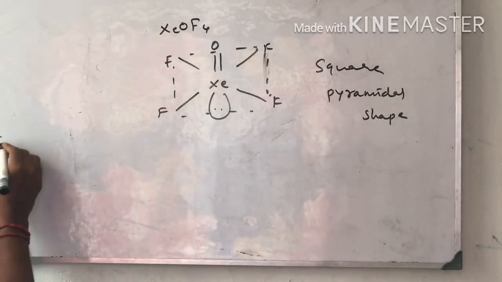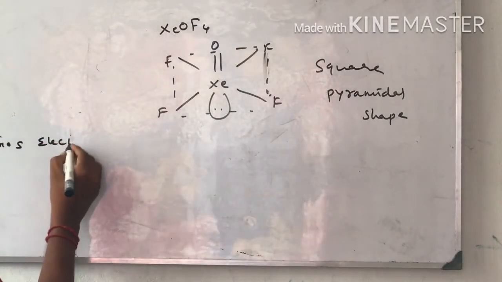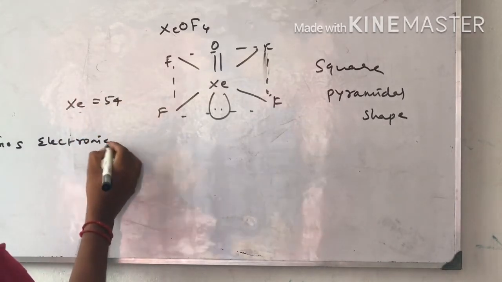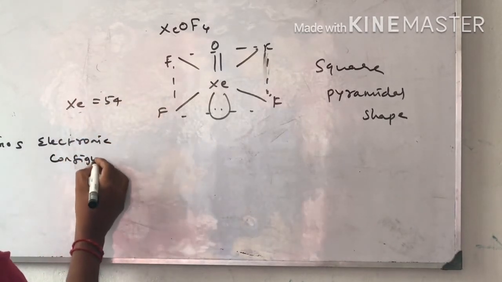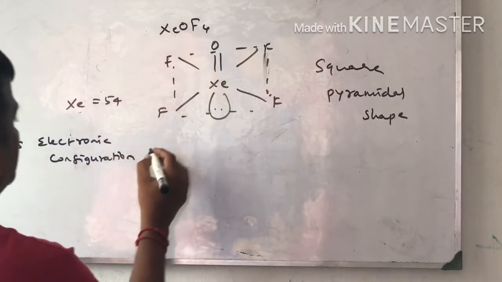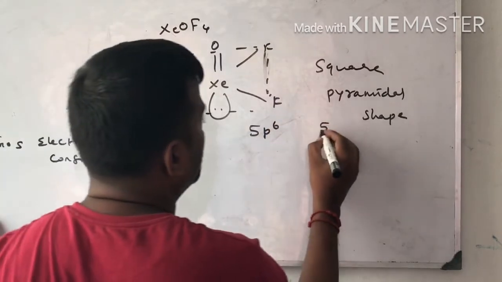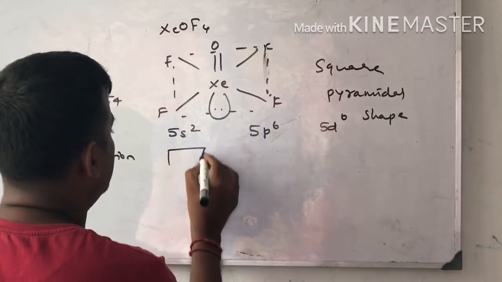Now I am going to draw the ground state electronic configuration. Xenon atomic number 54. Ground state electronic configuration of xenon: 5s2, 5p6, 5d0.